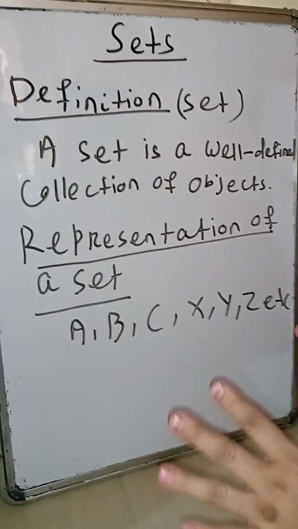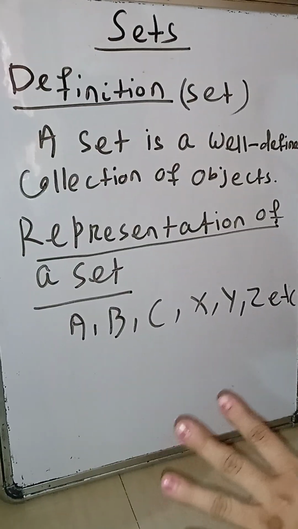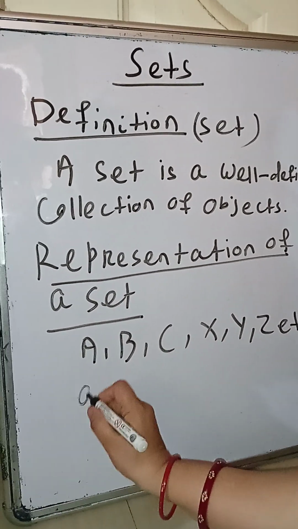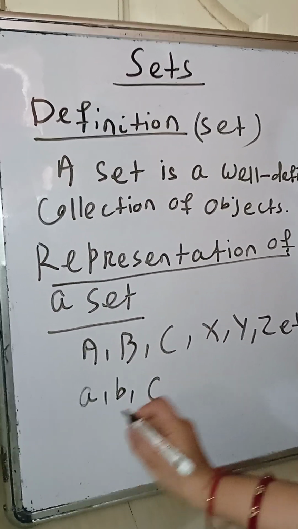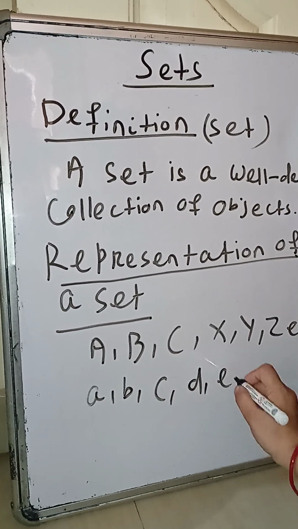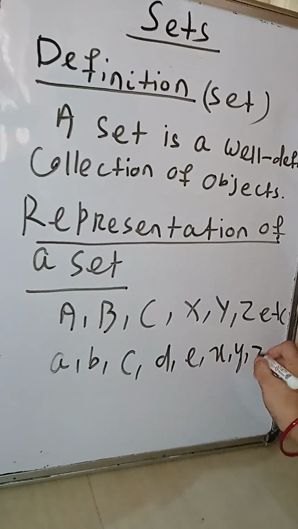The elements or objects, also called the members of a set, are denoted by small English alphabets like small a, b, c, d, e, x, y, z, etc.